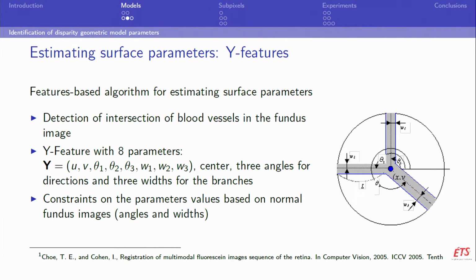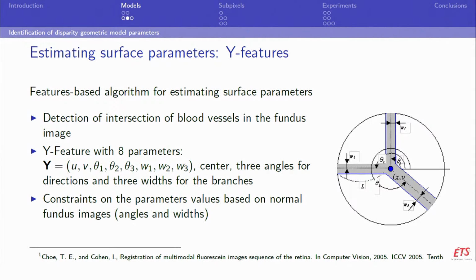There are 8 parameters describing this bifurcation, the Y feature as it is called, which was used for registration of multimodal fluorescent images and sequences of the retina.